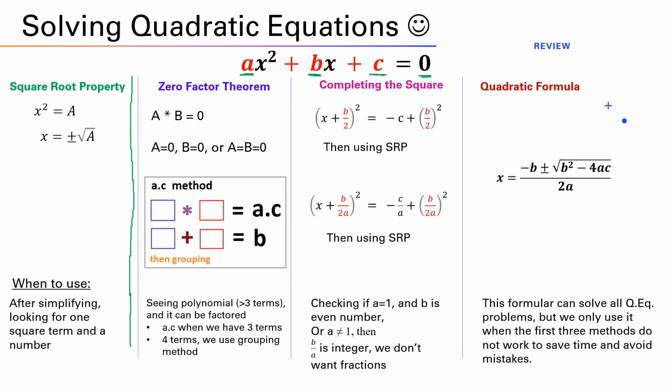Mostly you use the square root property after simplifying the equation, when you're looking for only one squared term and a number, just like x squared minus some number equals 0.